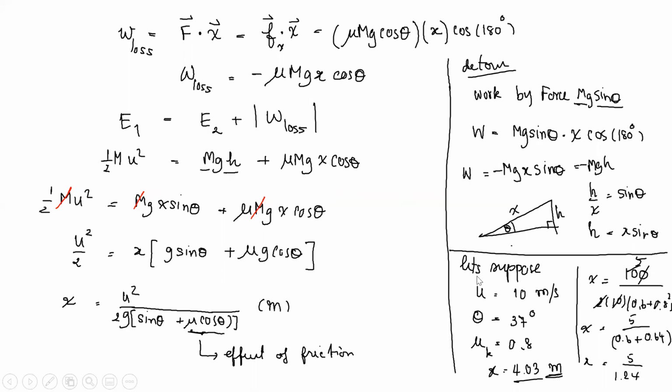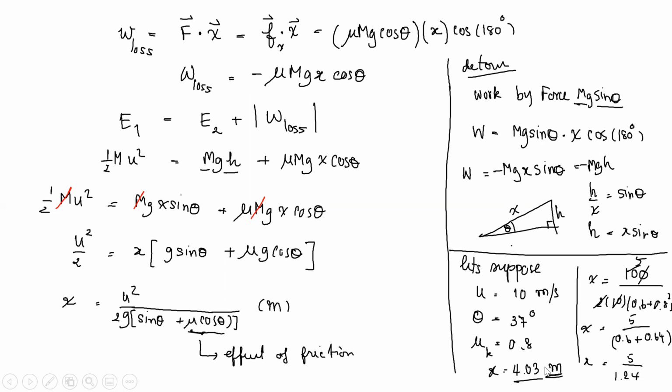So let's suppose the object has an initial velocity of 10 meters per second, the angle theta is 37 degrees, and mu k is 0.8. You will see that x is 4.03 meters.